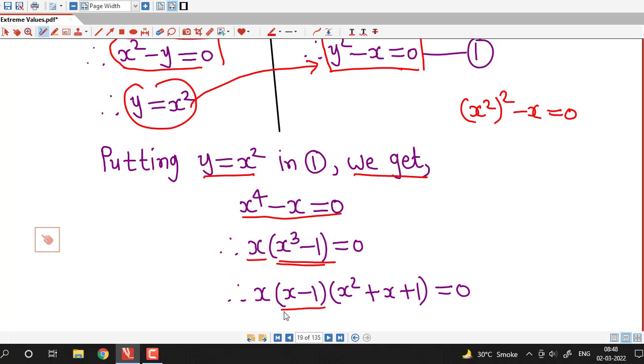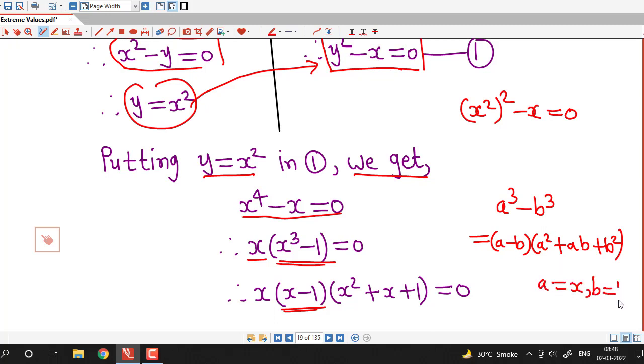We are using the formula of a cube minus b cube, which is equal to (a minus b) times (a square plus ab plus b square). We use this formula with a equal to x and b equal to 1, and we obtain that x cube minus 1 is the product of x minus 1 and x square plus x plus 1.